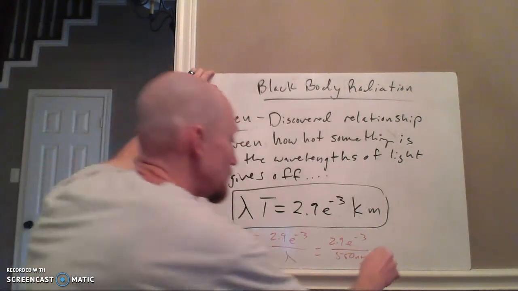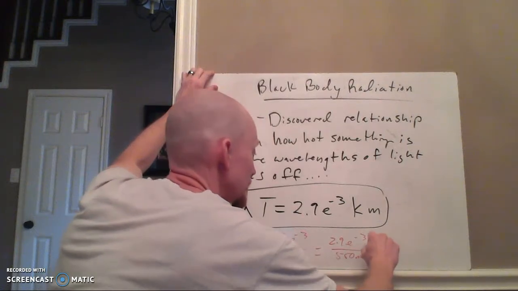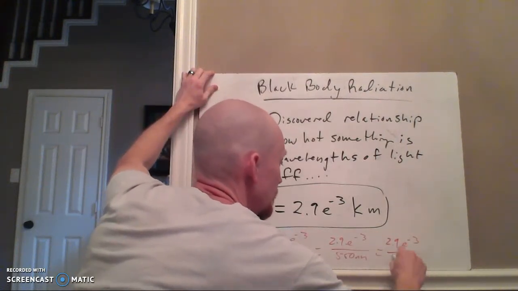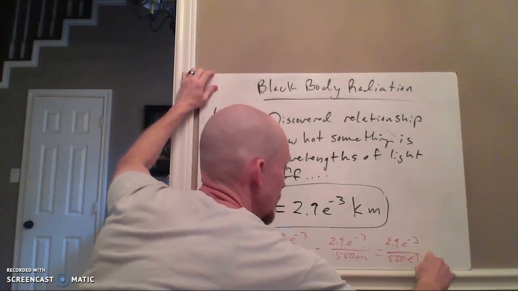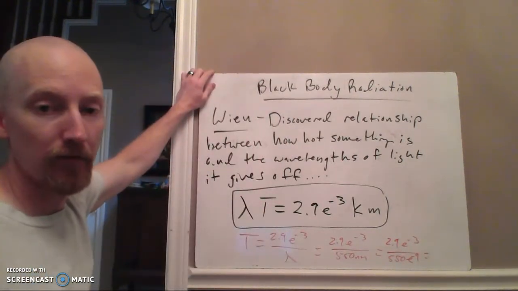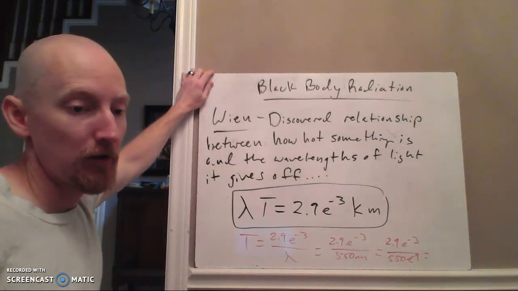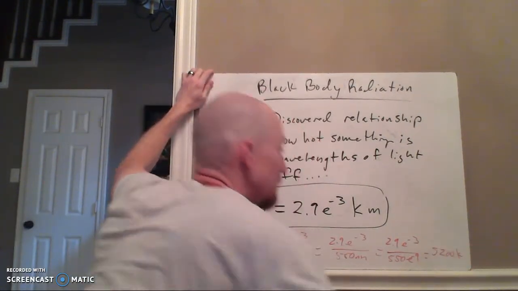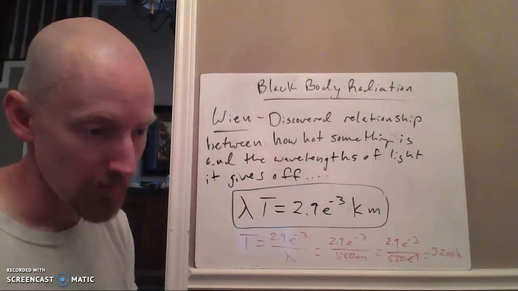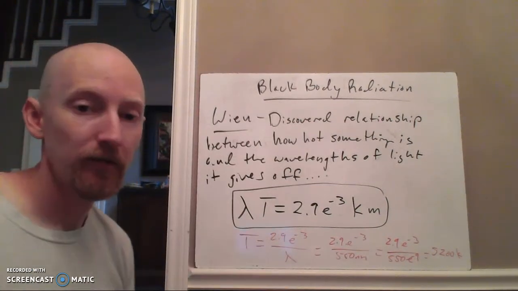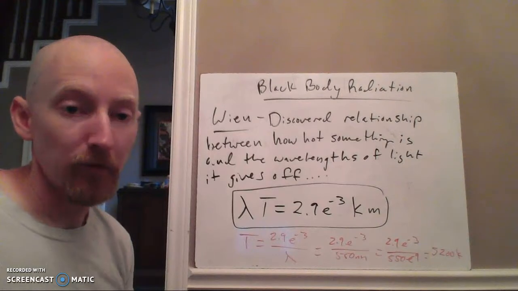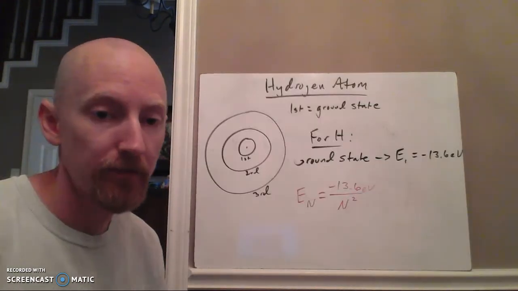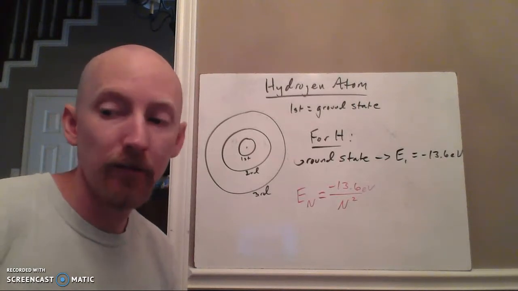I have to change that because this is in Kelvin meters, so 2.9 e negative 3 over 550 e negative 9. So I have to convert that. But anyway, you end up with around 5200 Kelvin, which is pretty hot. So this equation is really handy as far as this relationship between the wavelength and the temperature of things.